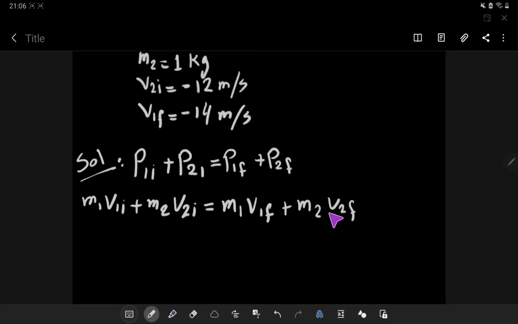We need to find V2 final, so we will move this term to the other side.